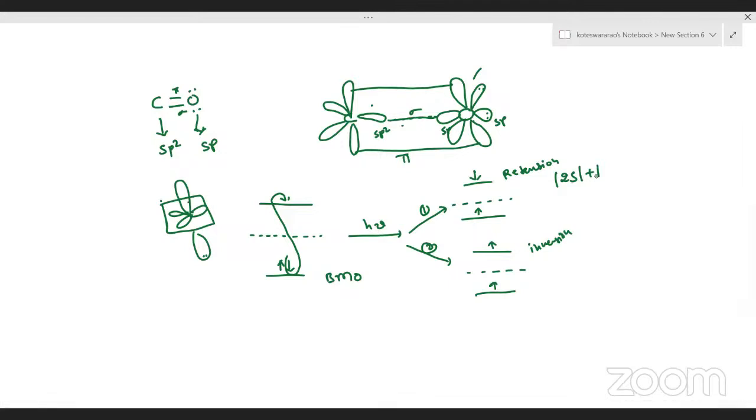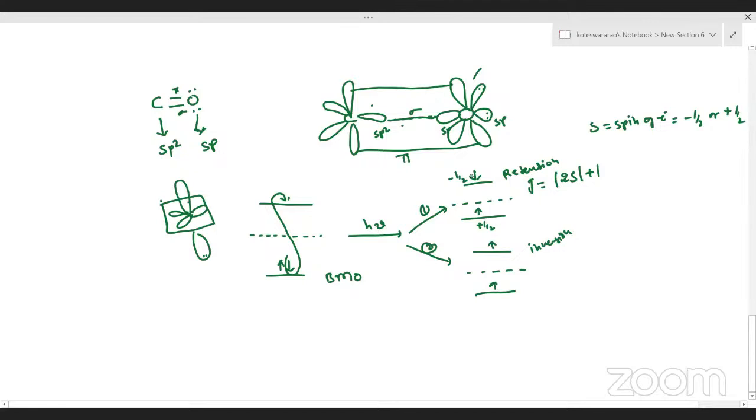Or sometimes the multiplicity J is equal to 2S plus 1, where S is the spin of the electron. The spin of the electron is minus half or plus half. Suppose in this case, this electron has plus half, and this electron has minus half.